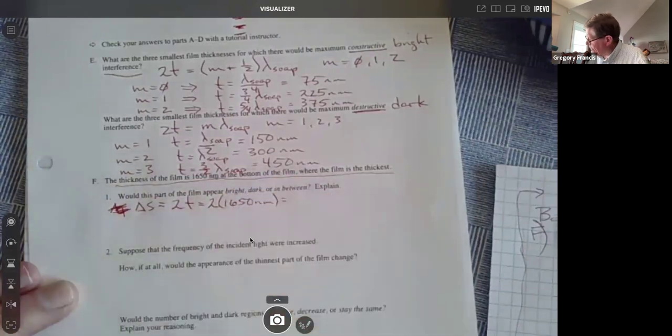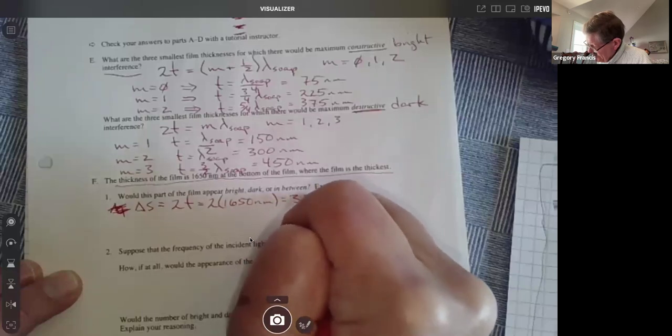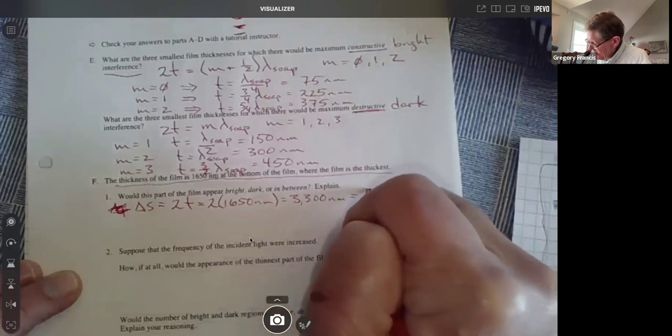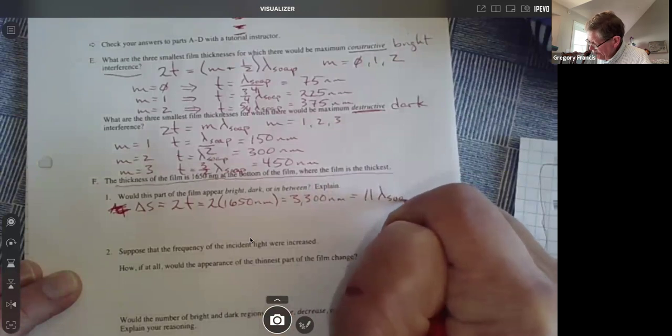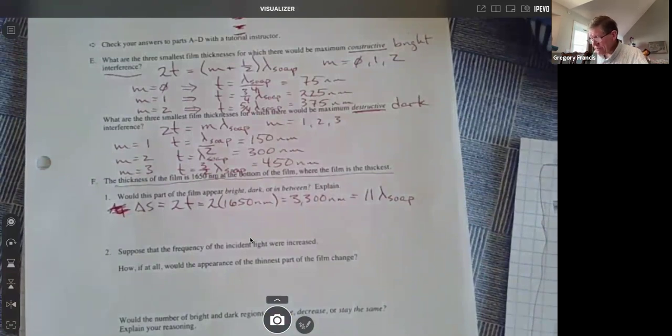And that's going to give me 3,300 nanometers, which just happens to be 11 times the wavelength in the soap. And so if there was no flippage on the front surface, this would come out after the two reflections in phase, just in step, and it would be bright.